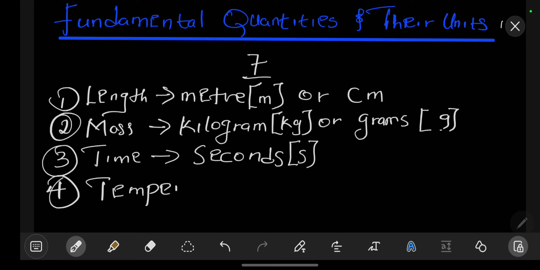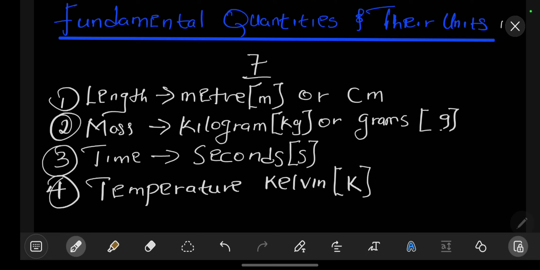The unit for temperature is not T, it is actually Kelvin. And the symbol for Kelvin is simply K.